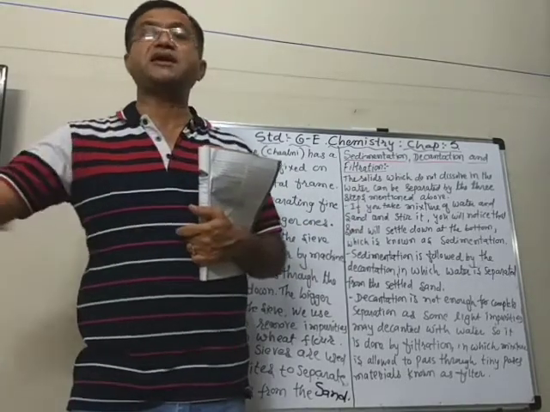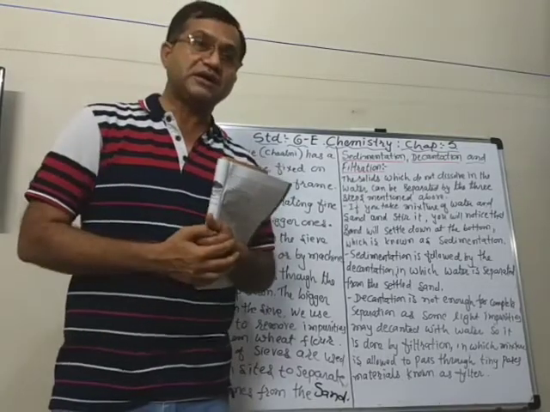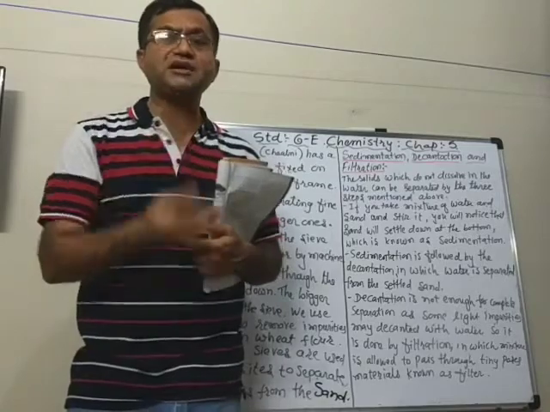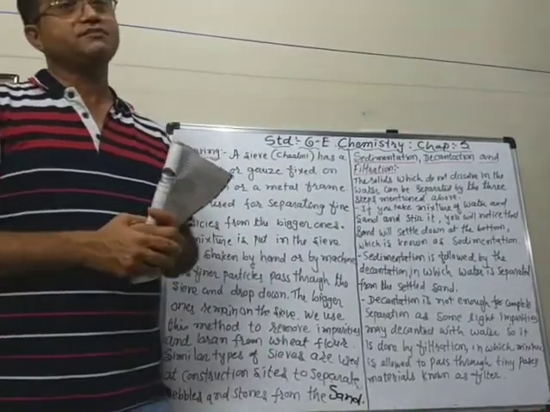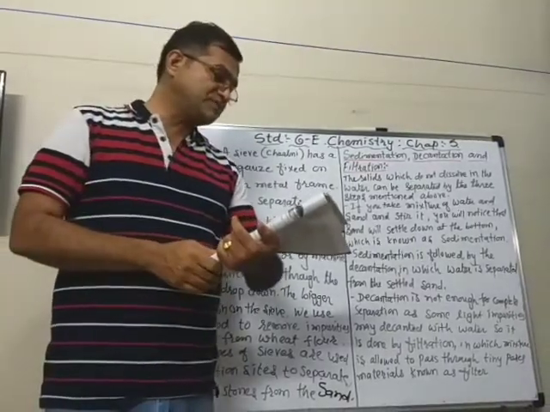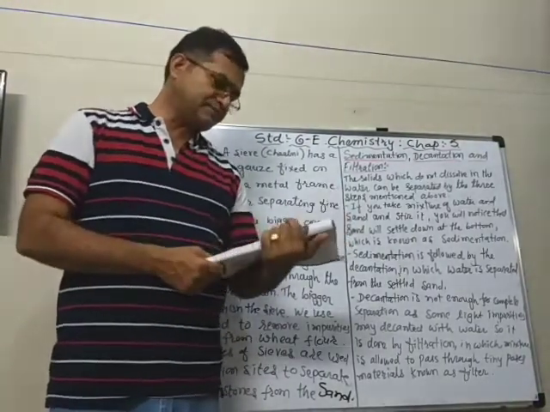So according to the gradation, they will separate grade A, grade B and grade C, like that. For that also, if you take with the hand, it will take a long time. But in this situation, they can use different types of sieve so that it can be separated.